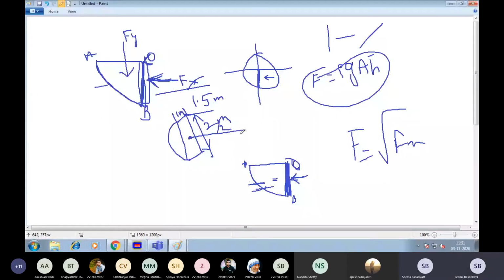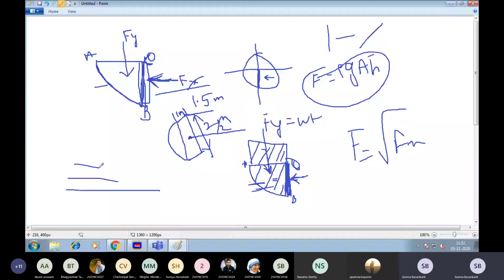Fy is acting in the vertical downward direction, which will give you the weight. On this triangular portion, the weight of a rectangle is going to exert pressure on a triangle. If you keep books one above another, the first book exerts pressure on the second, and the second book exerts pressure on the third.